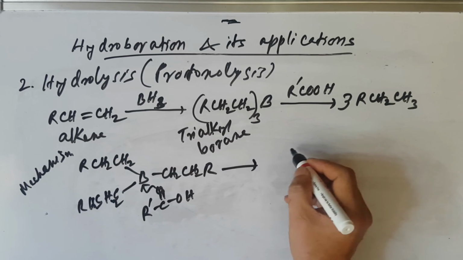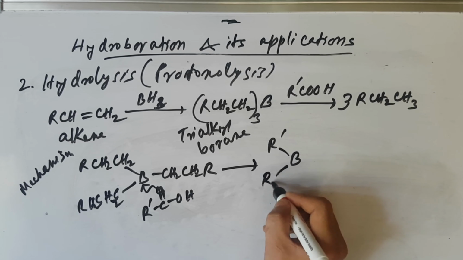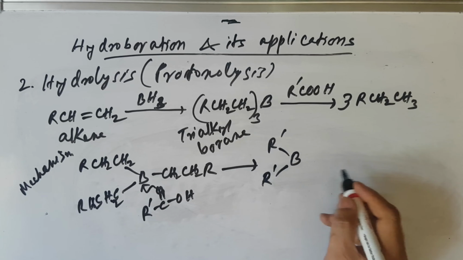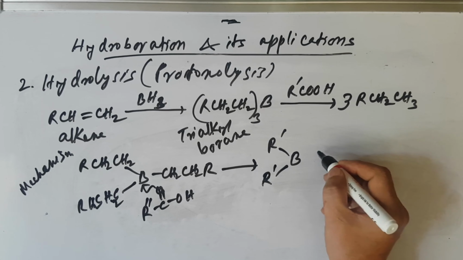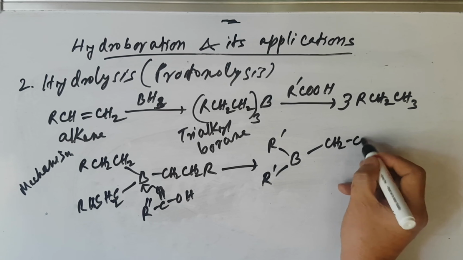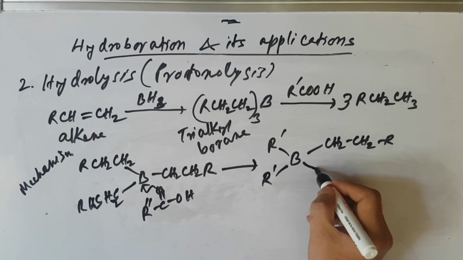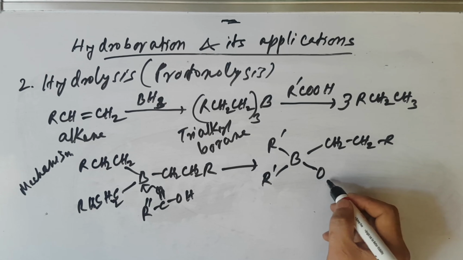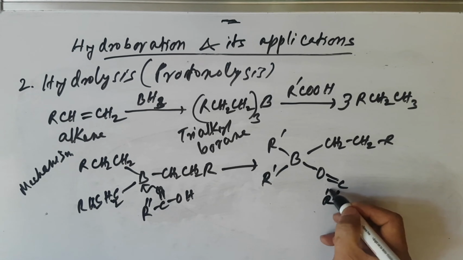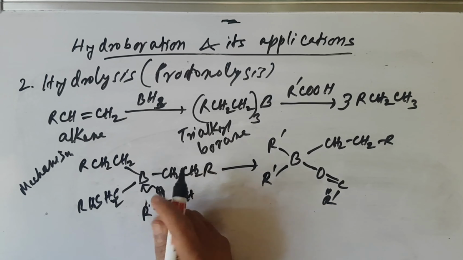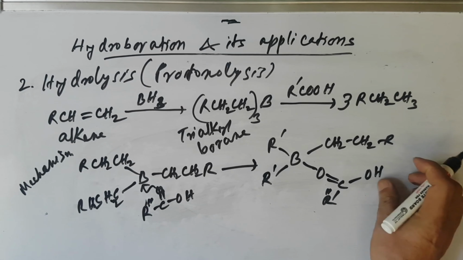We have CH2CH2R, linked with oxygen, then a double bond to C with R double prime, and then we have OH here.